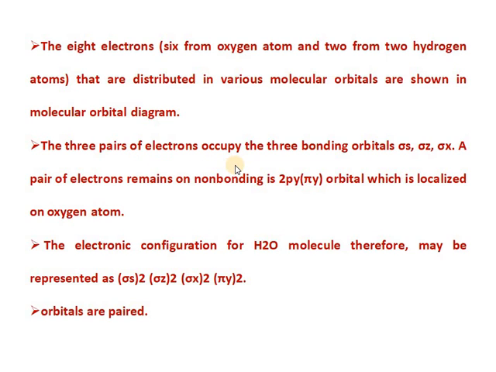The 3 pairs of electrons occupy the 3 bonding orbitals, sigma s, sigma z, and sigma x, and a pair of electrons remains nonbonding in the 2p pi y molecular orbital, which is localized on the oxygen atom. The electronic configuration of the water molecule is sigma s2, sigma z2, sigma x2 and pi y2. Therefore, in the water molecule all electrons get paired.